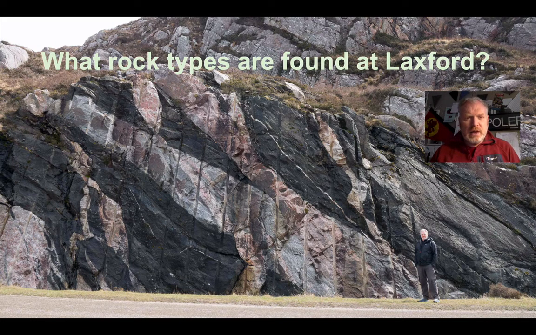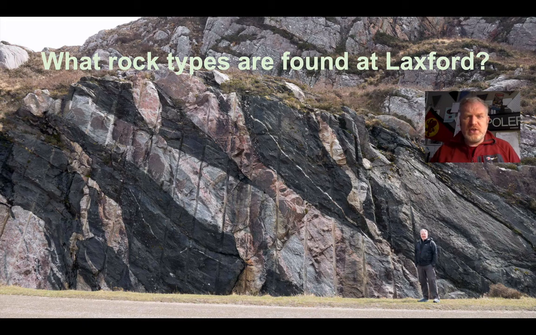Now, as geologists, perhaps our first instinct is to go and try and identify the rock types that we find, because we'll find there are three different rocks exposed in this outcrop in the side of the road.